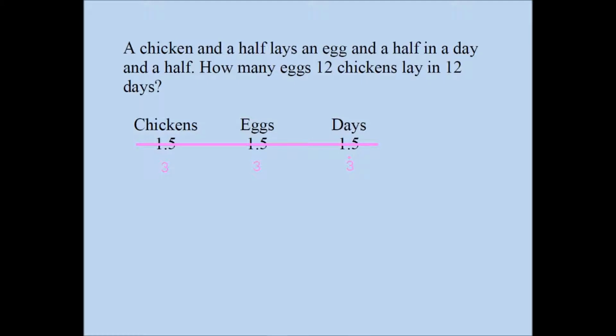The number of days is not going to change. If I bring twice as many chickens, times 2, let's say I have 6 chickens now. Okay, and during the same time period, 3 days, 6 chickens will lay twice as many eggs.